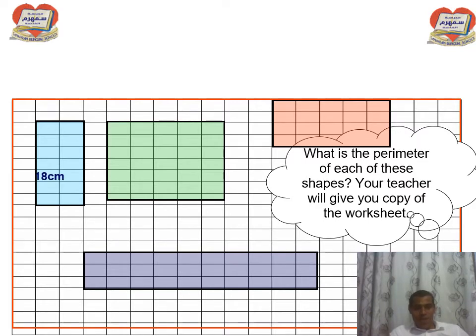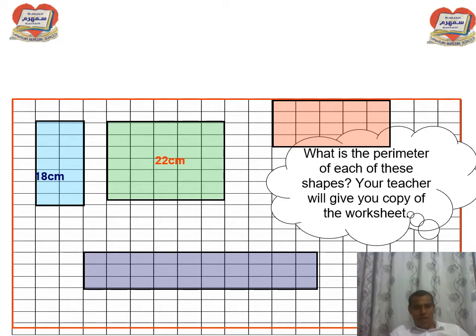The second one, the green one, here you can count the squares of the length, then count the squares of the width. You can see this is 1, 2, 3, 4, 5, 6, and here 1, 2, 3, 4, 5.